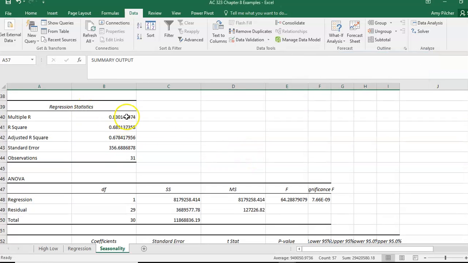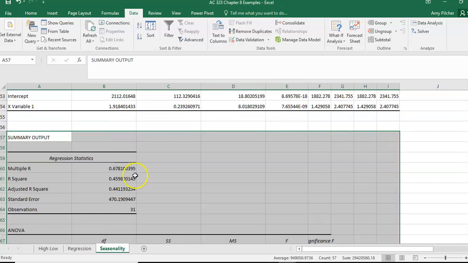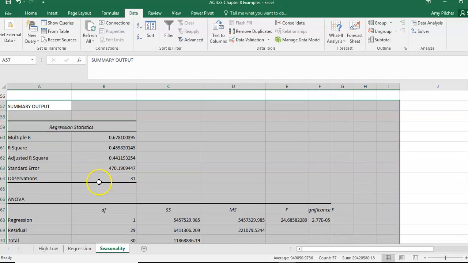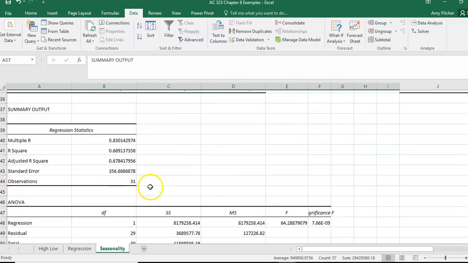Okay, we actually have that it is not a stronger indicator than sales units. As you see, our R values are much lower, and our standard error is higher.